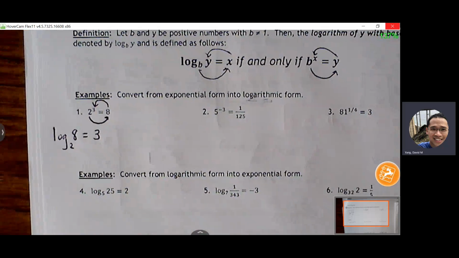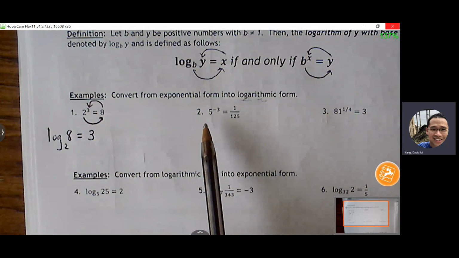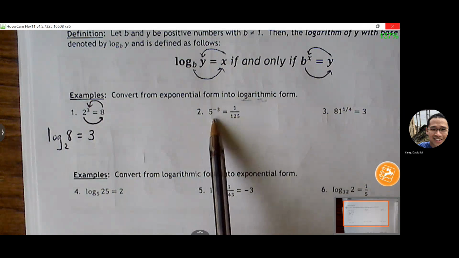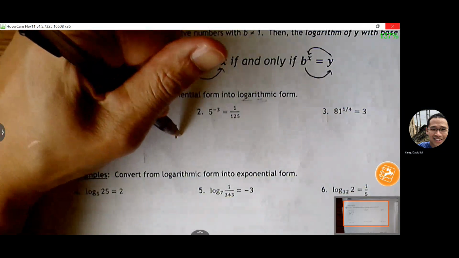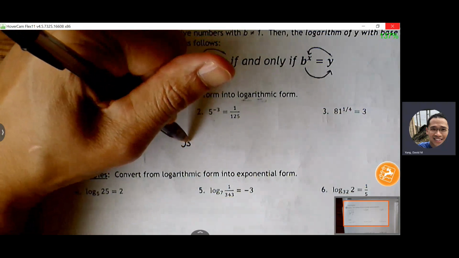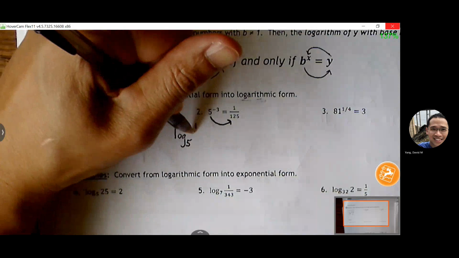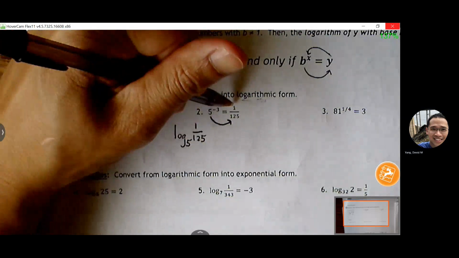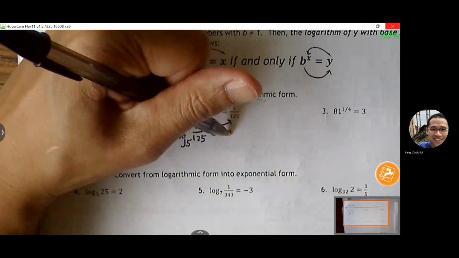Okay, so tell me if you can verbalize the steps for number 2. Exponential form to log form, what do we start off with? Good, log base 5 of 1 over 125 is equal to negative 3.